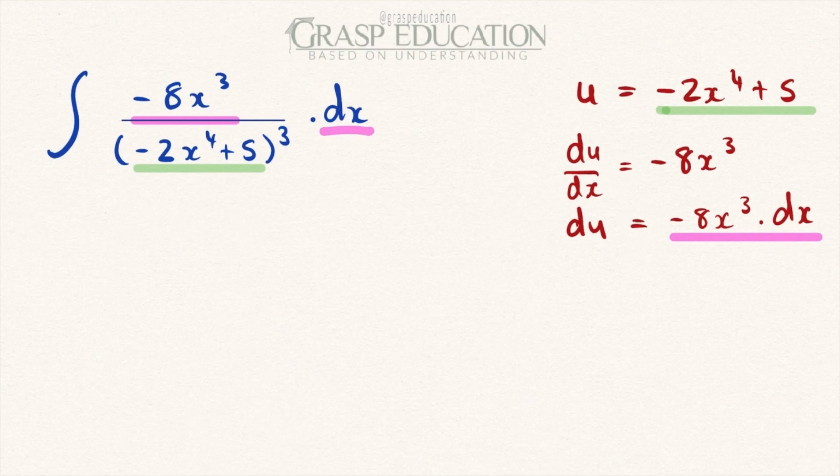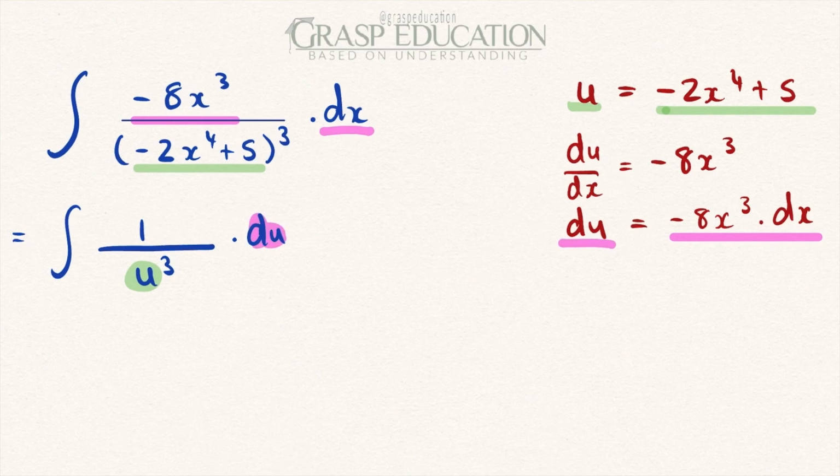So I can write everything in terms of u. This would be 1 over u to the power 3 times du. Since u is represented by minus 2x to the power 4 plus 5, and du is representing minus 8x to the power 3 dx.